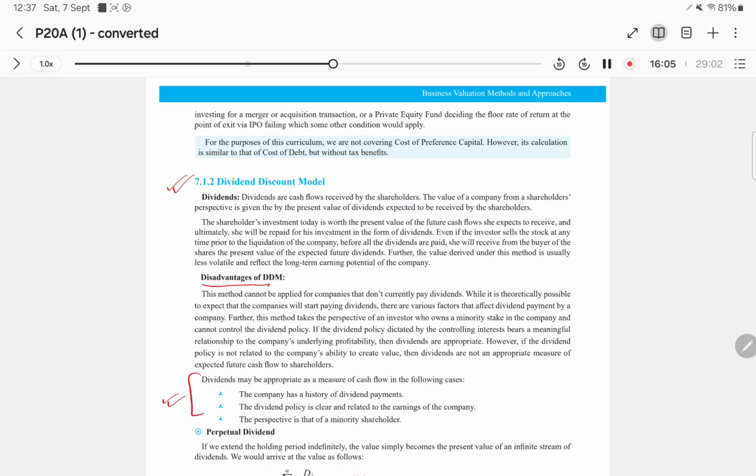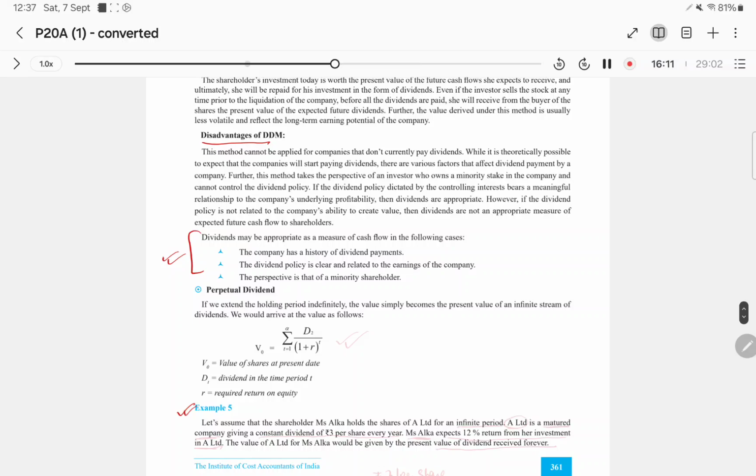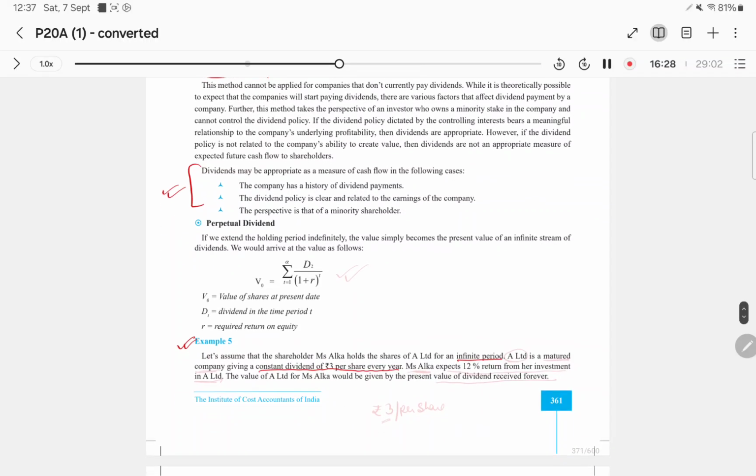Okay, so let's understand this model with an example, which is example number 5. Let's assume that a shareholder, Miss Alka, holds the share of A Limited for an infinite period. A Limited is a matured company giving a constant dividend of ₹3 per share every year. Basically, A Limited is a company which is in a good stage.